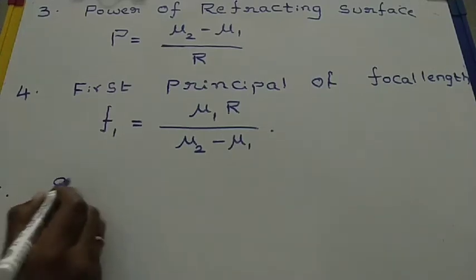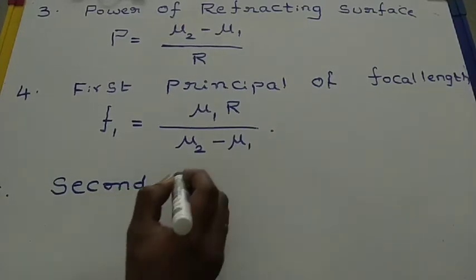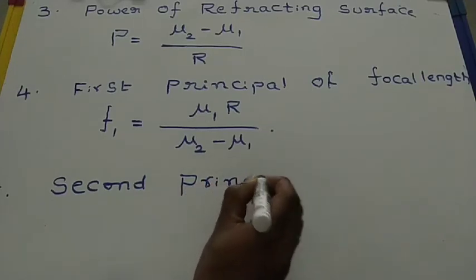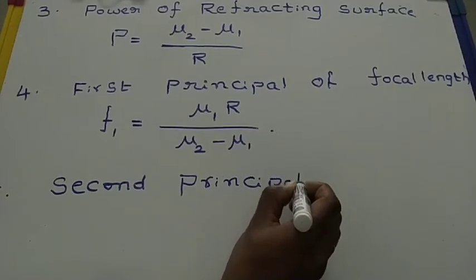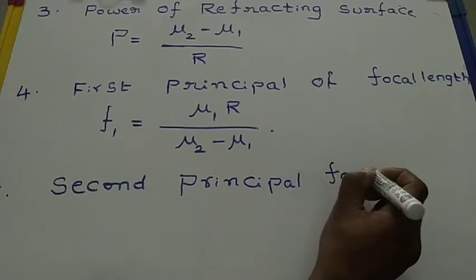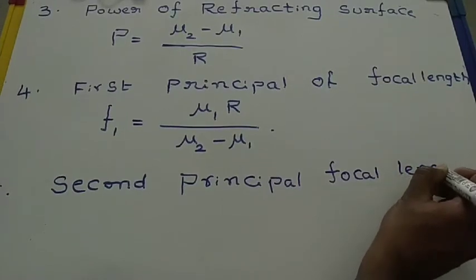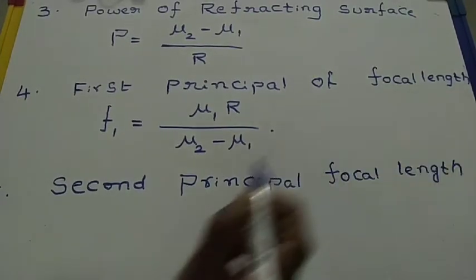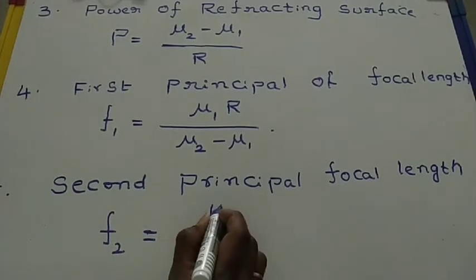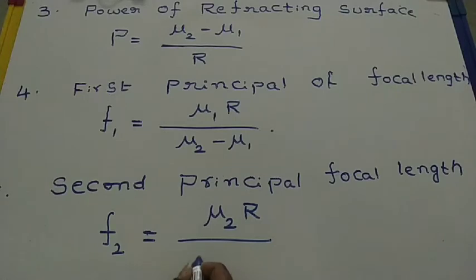Now, point number 5. The second principal focal length F2 is equal to mu2 R whole by, what is the formula?